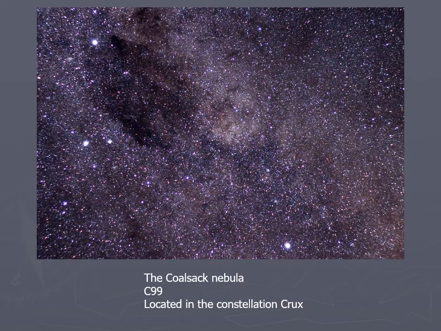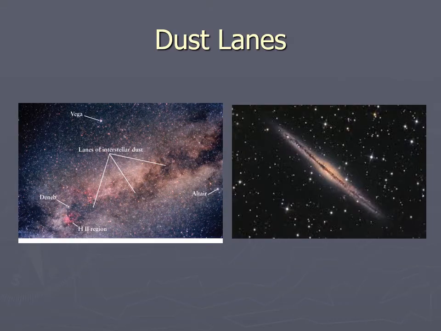Coalsack Nebula, this is one of the southern hemisphere. It's called C99, Colander 99, Colander being another person that did this. And all this dust out here in space will actually block our view of the rest of the galaxy. And so here is a galaxy on the right that's very similar to what our galaxy would look like.